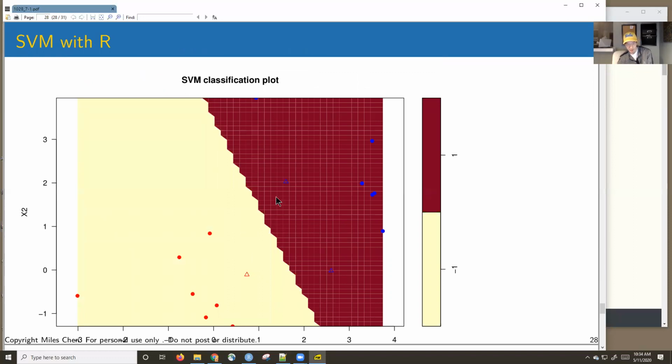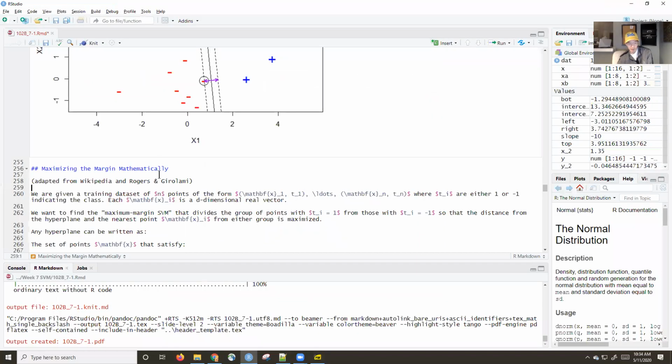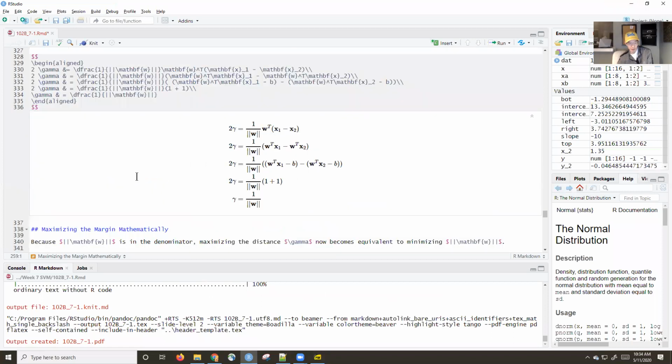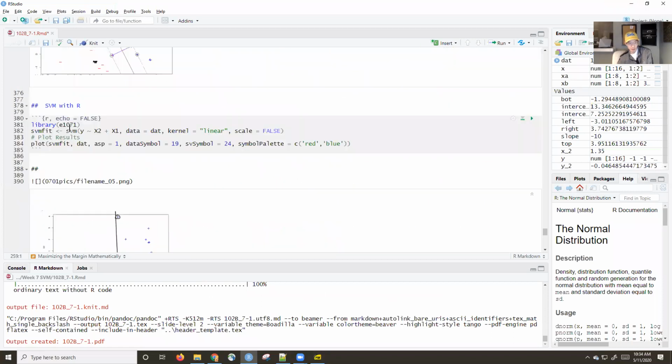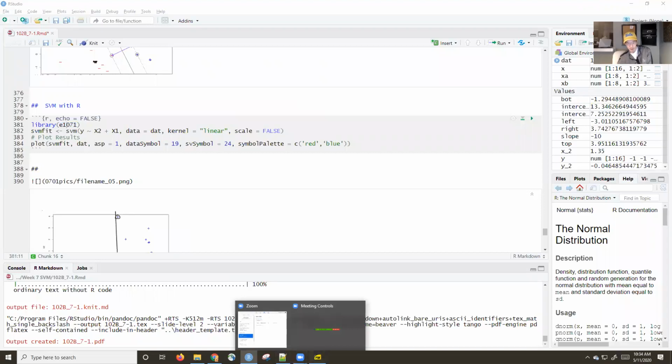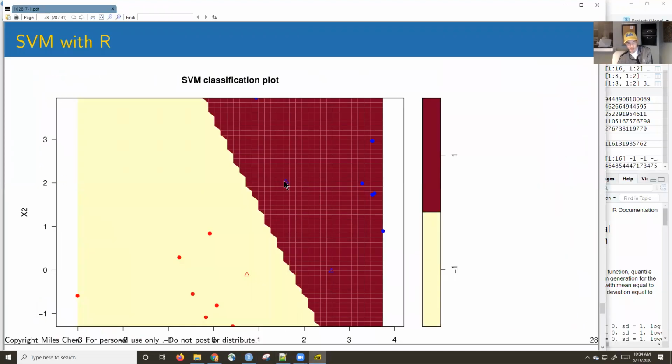This is using the SVM function inside this library, e1071. Okay, it has an SVM function in its library, and these are the support vectors as we pointed out.